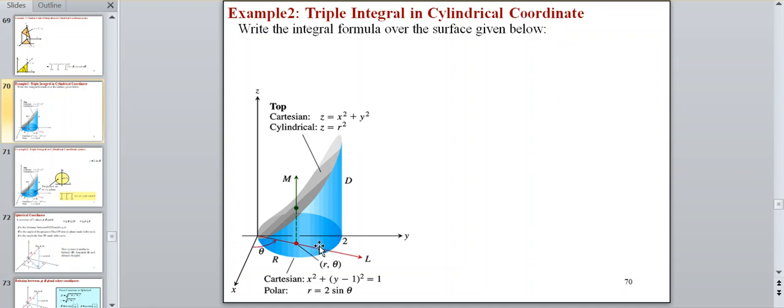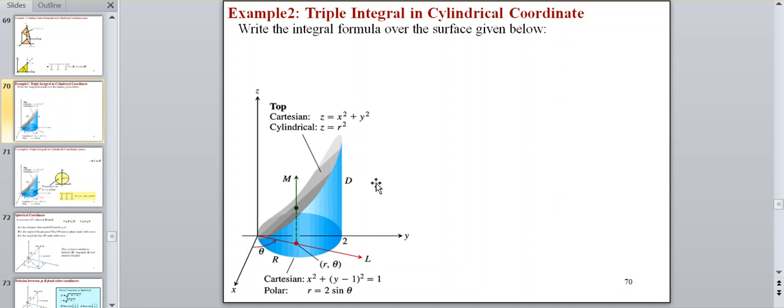So z equals 0 is the same, and z equals x squared plus y squared must be converted. In cylindrical, x squared plus y squared equals r squared, so the cylindrical equation of this paraboloid is z equals r squared. So we can say z is from 0 to r squared.